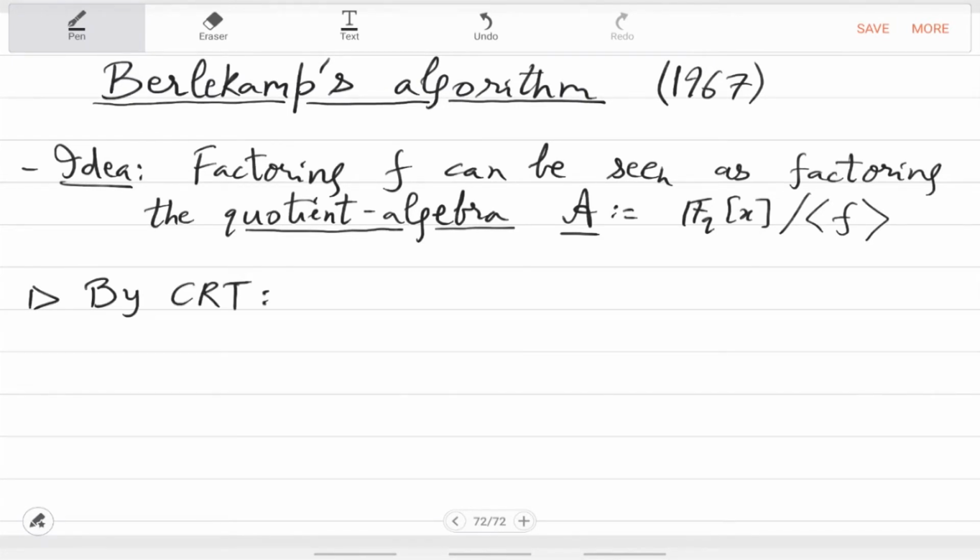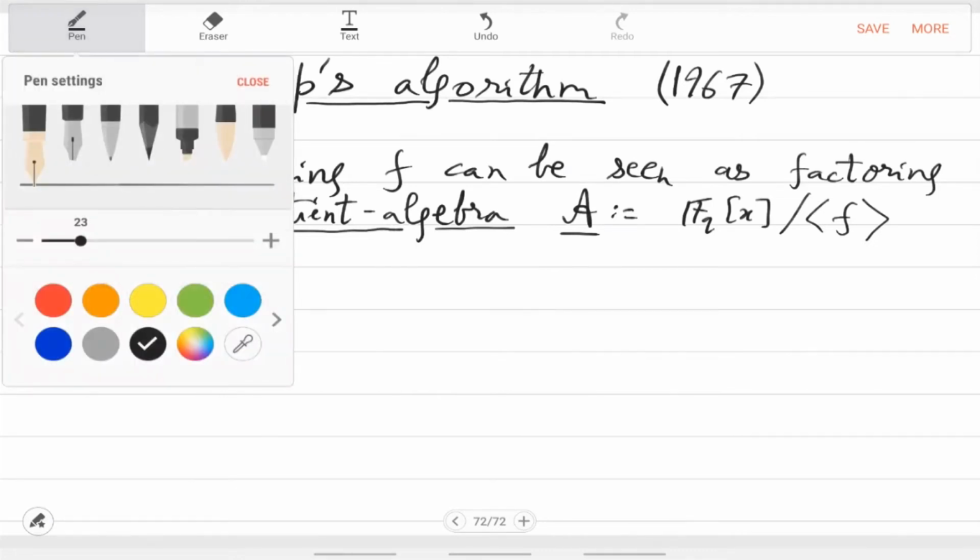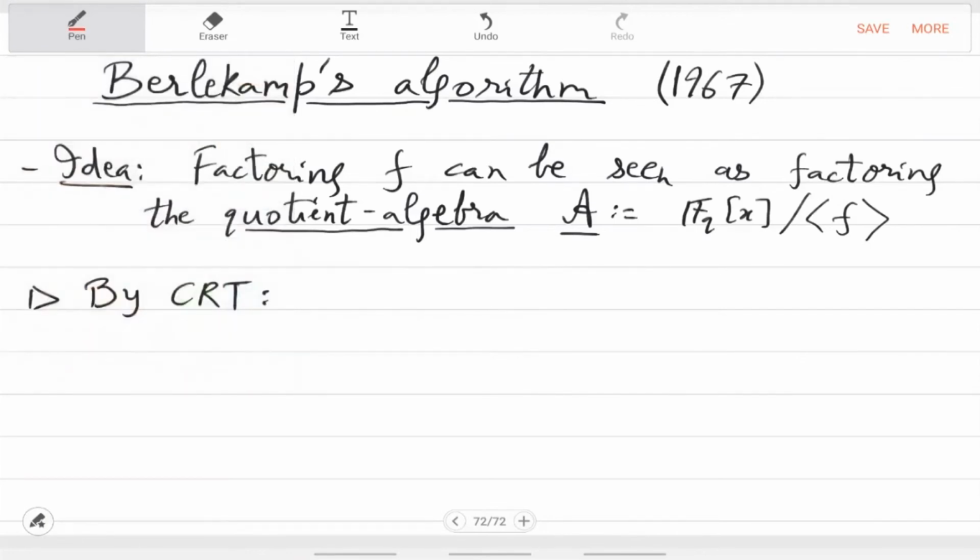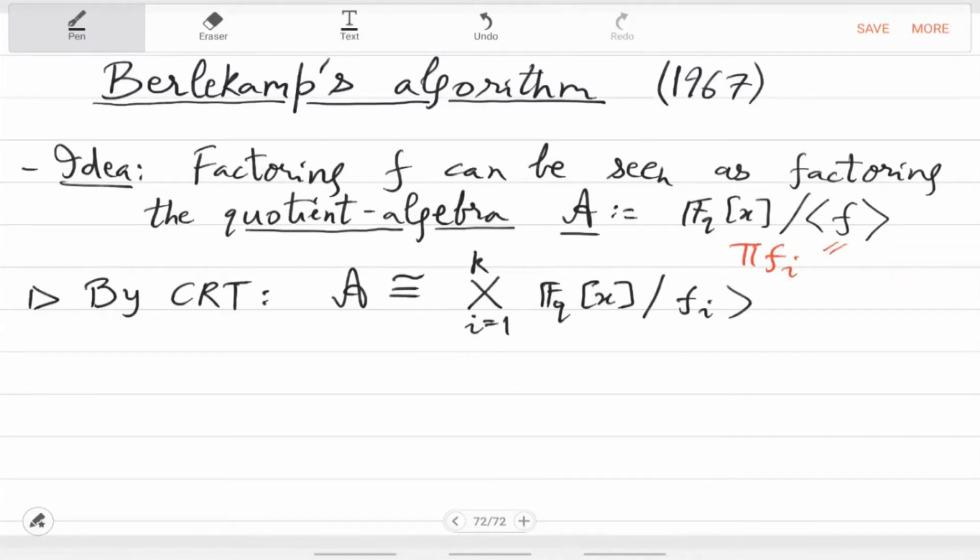By the Chinese remaindering theorem, this algebra A, and remember we are assuming that blue assumption, which is that f is a product of f_i's, factorizes as a direct product of F_q[x] by one factor, which is f_i.